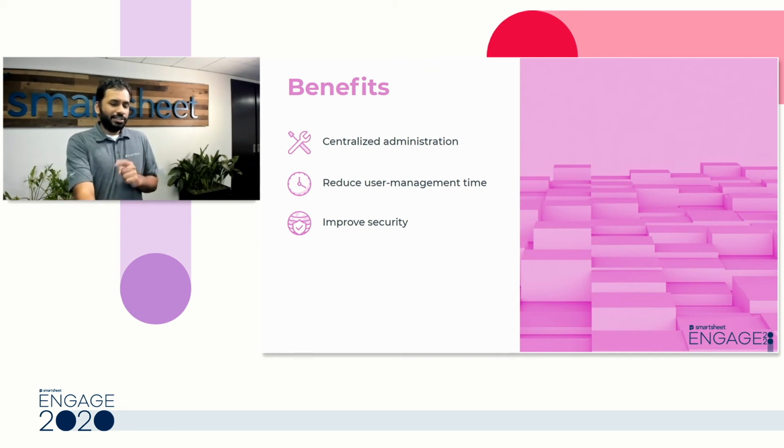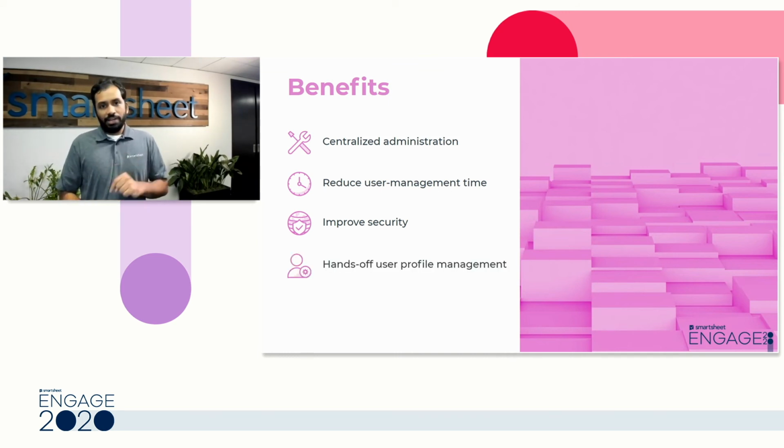One understated benefit is user profile management. As an admin, you no longer have to manage profiles of users in Smartsheet, because you already have things like department, manager, cost center, and other pertinent information in your Active Directory, and that information is automatically flowing into Smartsheet. So you do not have to worry about going into Smartsheet separately and managing that profile information.